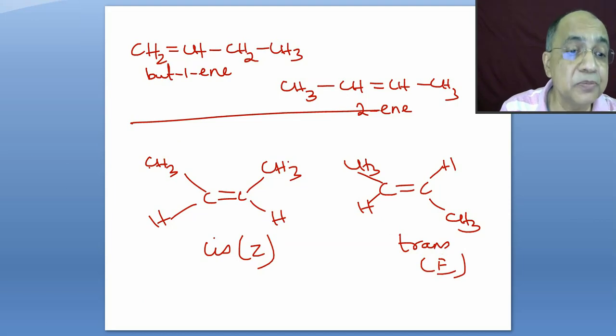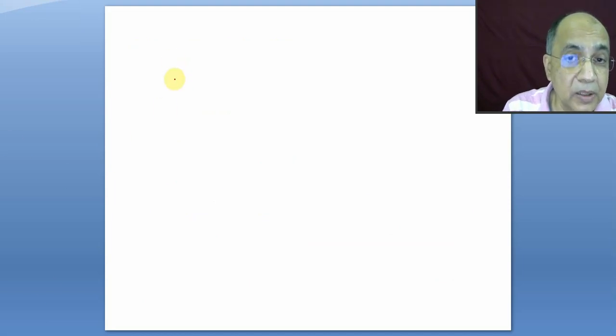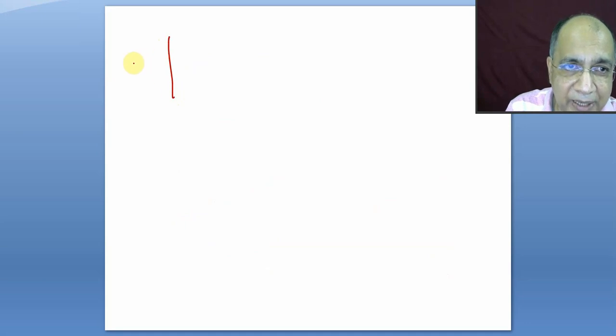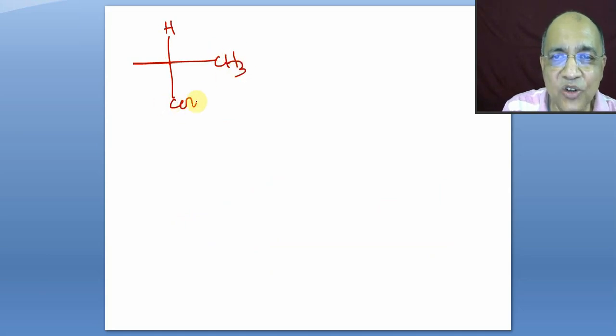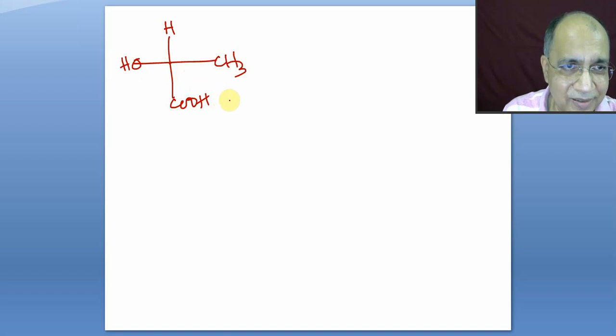And what about the optical isomers? Supposing you have a chiral center like this. This carbon is bonded to 4 different groups, an asymmetric center, a chiral center. Say this is CH3, this is CHO, this is OH. This has a particular configuration, say R or S. And we can use the CIP rule to find out its absolute configuration. This is priority number 1, this is 2, this is 3, this is 4.